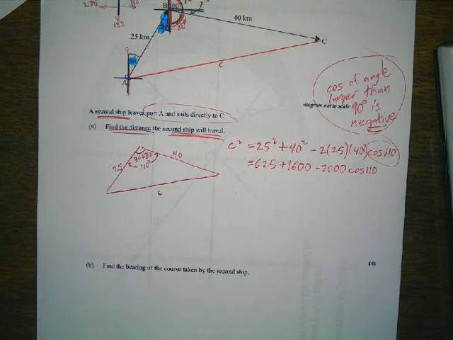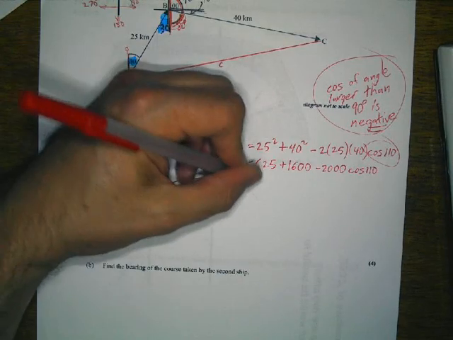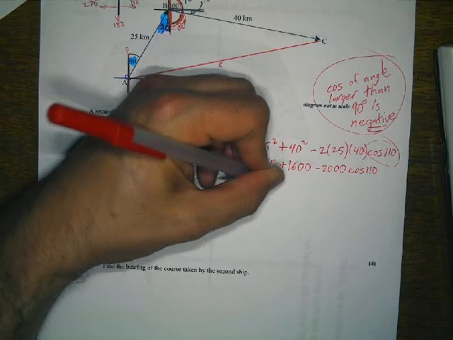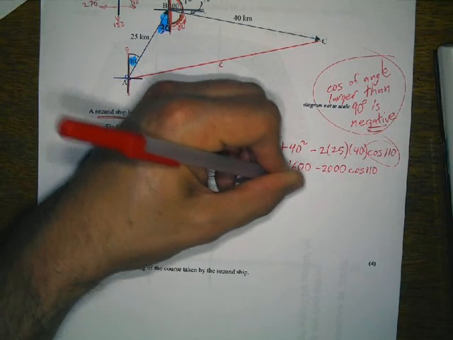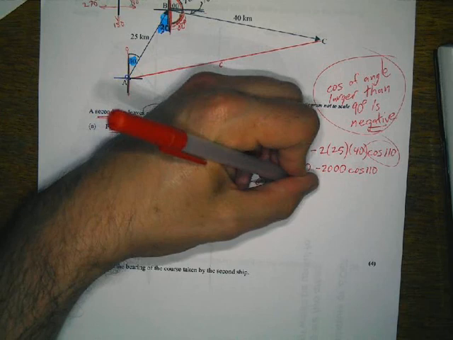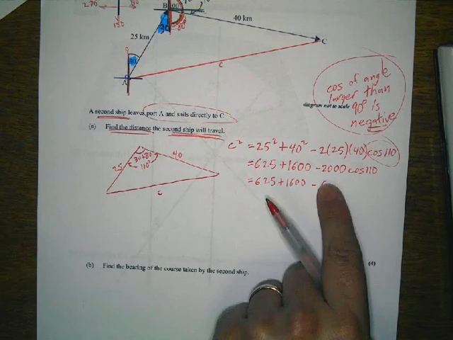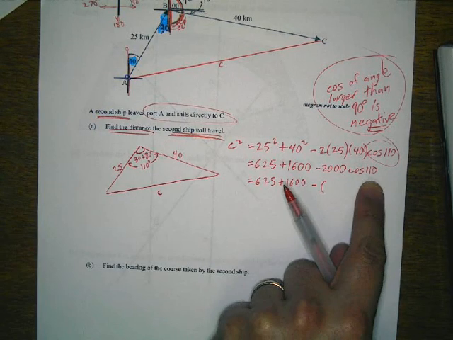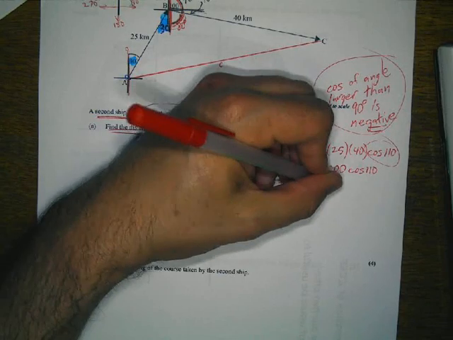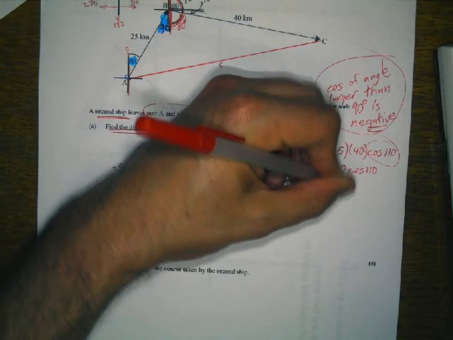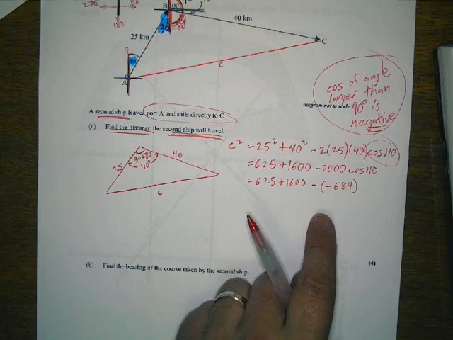Okay, then I get 625 plus, minus 2,000 times cosine 110 is going to give us negative 684. Now type this into your calculator to see if you get the same as me here.